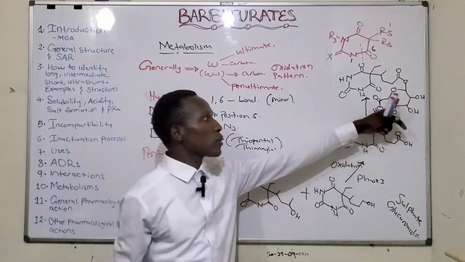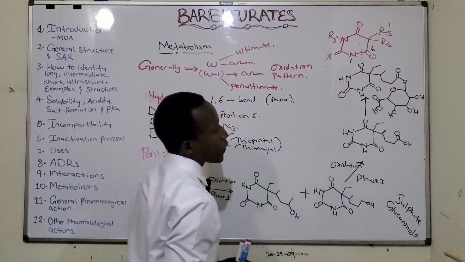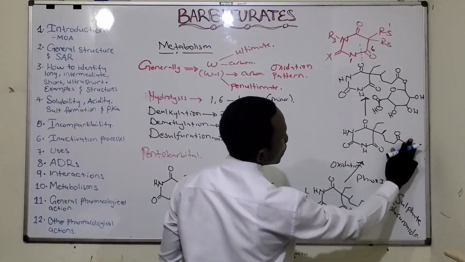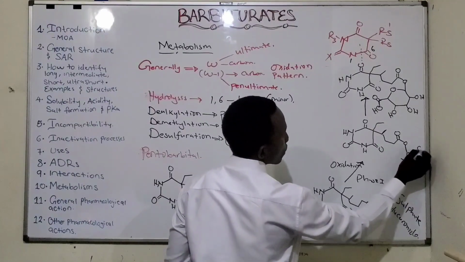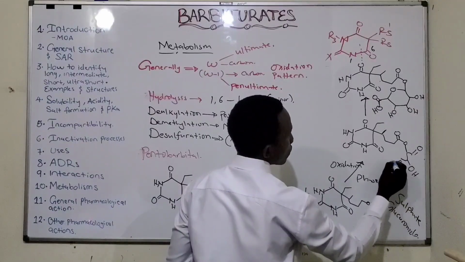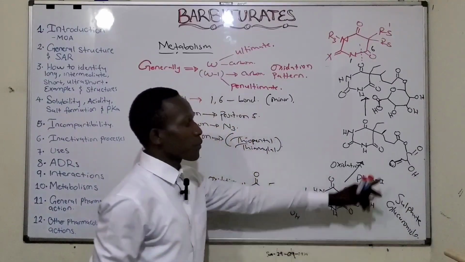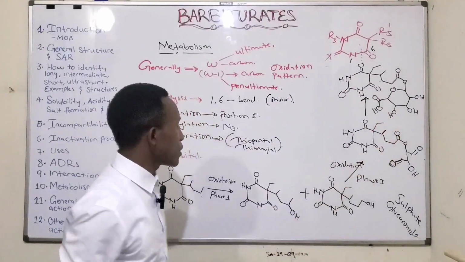So this is glucuronide, or it can be a sulfate. This is sulfate conjugation, and the drug is eliminated.